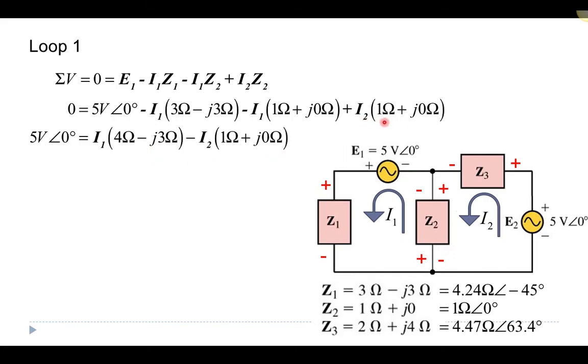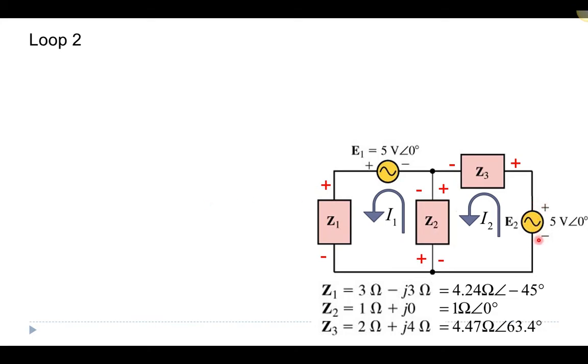And then I have the current I2 and its impedance value. So I'm going to now convert these into polar form. The voltage is the current I1 times some impedance in polar form minus the current I2 times some impedance in polar form. So this is my first equation. I have two unknowns, I1 and I2, and I can't go any further than that, so I have to look at the second loop.